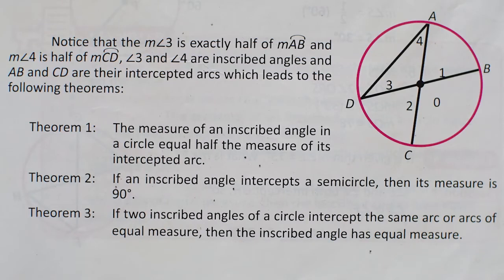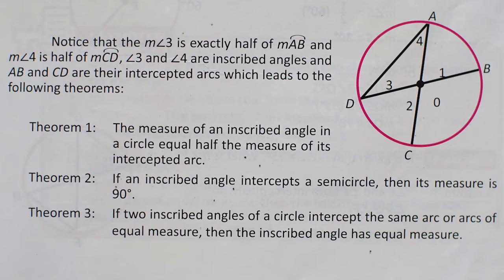Theorem 1: the measure of an inscribed angle in a circle equals half the measure of its intercepted arc. Theorem 2: if an inscribed angle intercepts a semicircle, then its measure is 90 degrees.